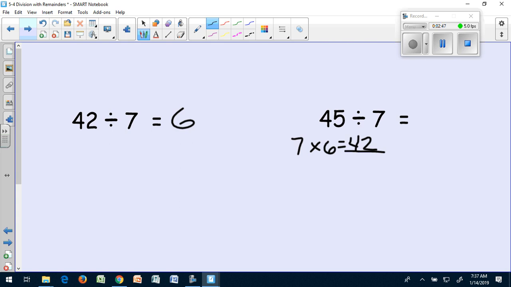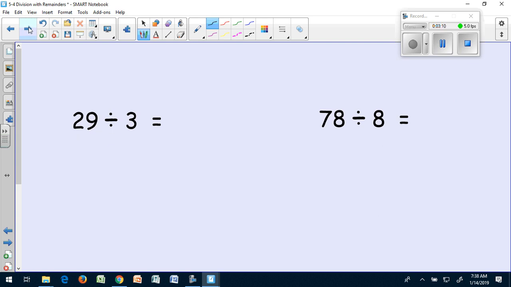If I think to myself, 45 minus 42 is going to give me 3. So my answer to this problem would be 6, remainder 3. And sometimes it helps to think of the closest fact below your dividend to help you come up with your quotient.